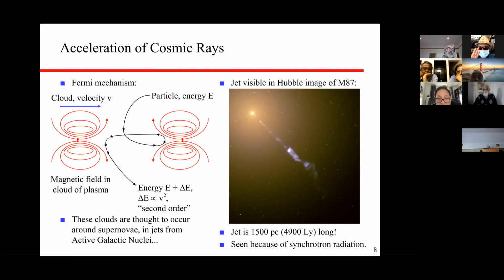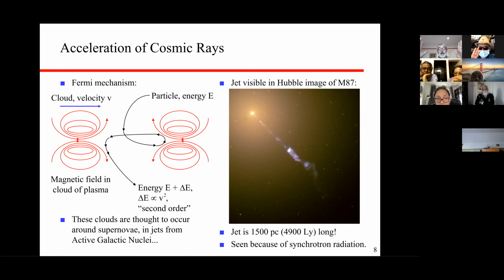And if a particle moves in towards one of these magnetic field carrying plasmas, it'll bounce off it because the charge of the particle interacts with the magnetic field and produces a force. It could then hit another cloud containing its magnetic field, bounce off that, move back to the first one, and so on and so on.